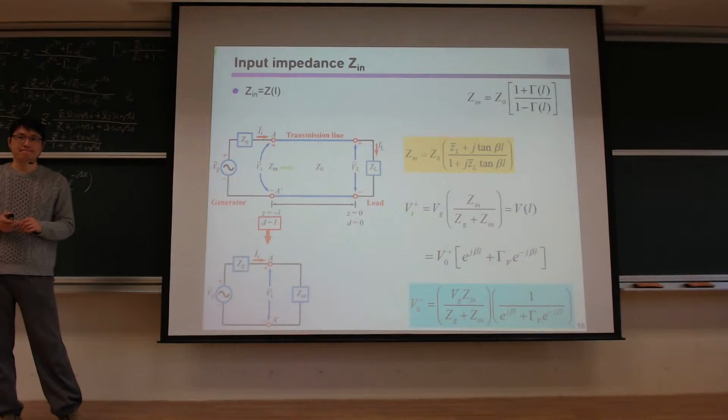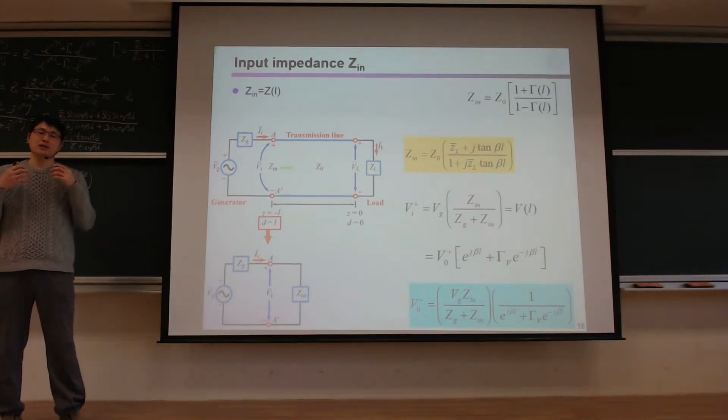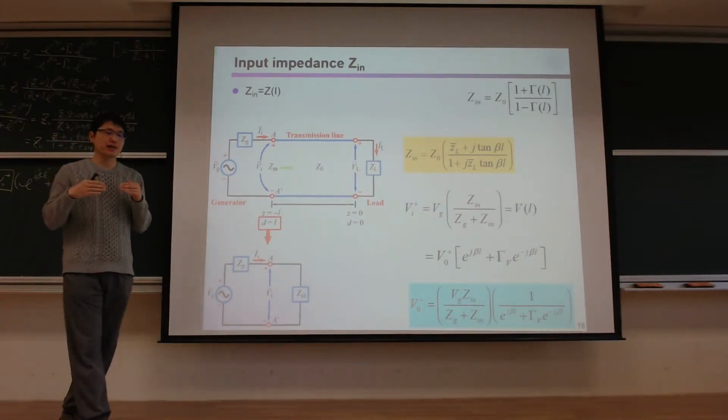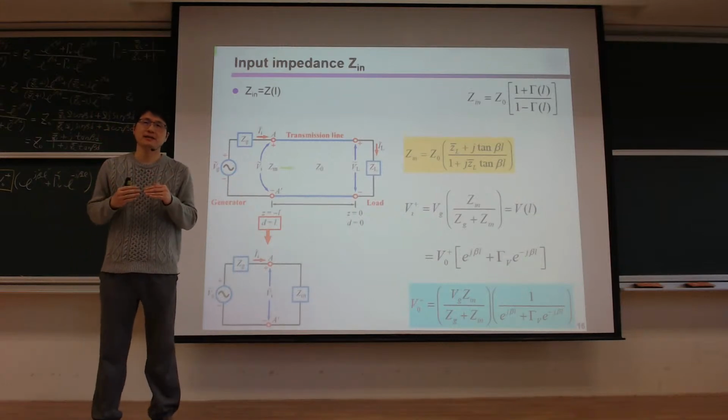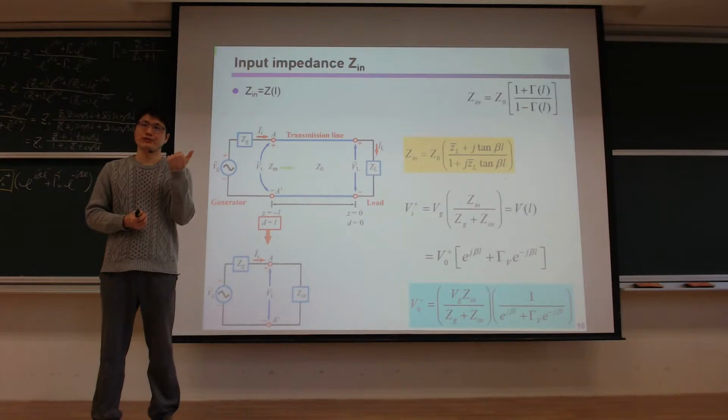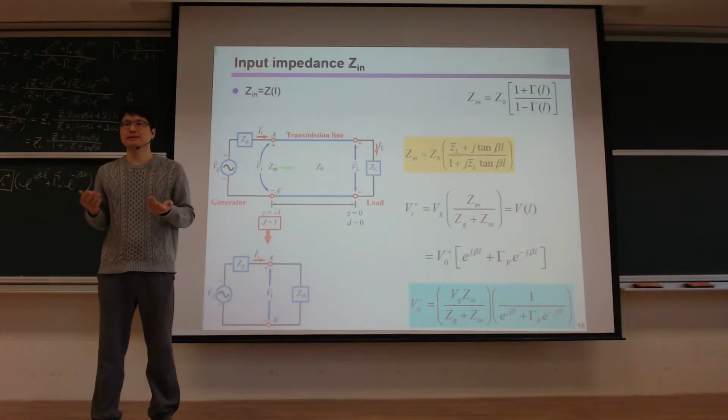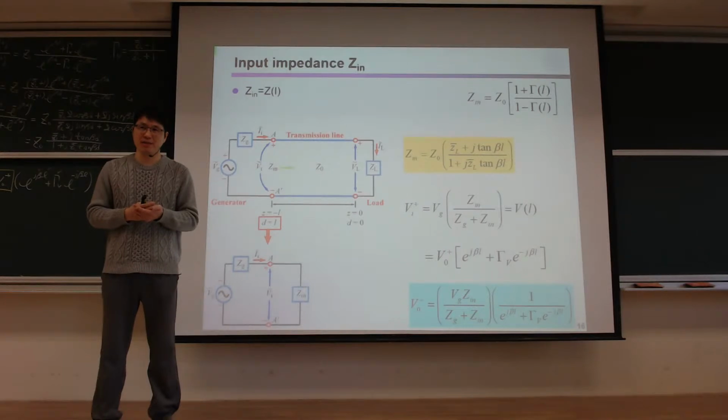All right? So this is only to conclude up to now that indeed, once we provide you the operational frequency, once we provide you the transmission line parameters, you know gamma, alpha plus j beta. You know the effective wavelength.